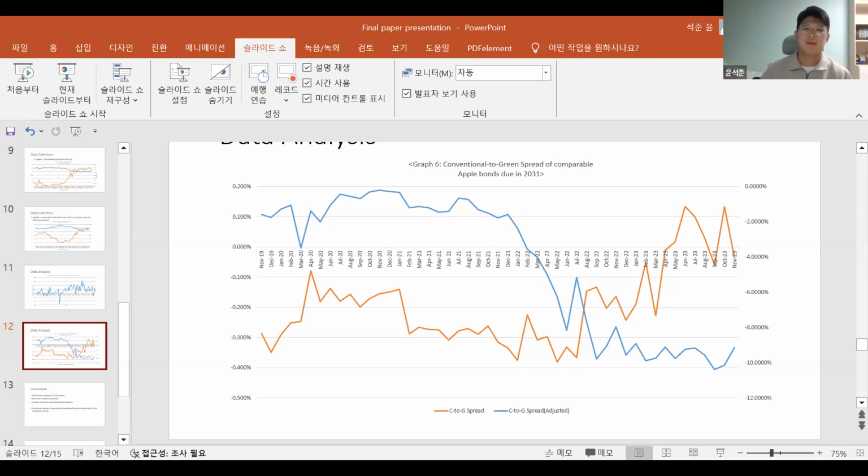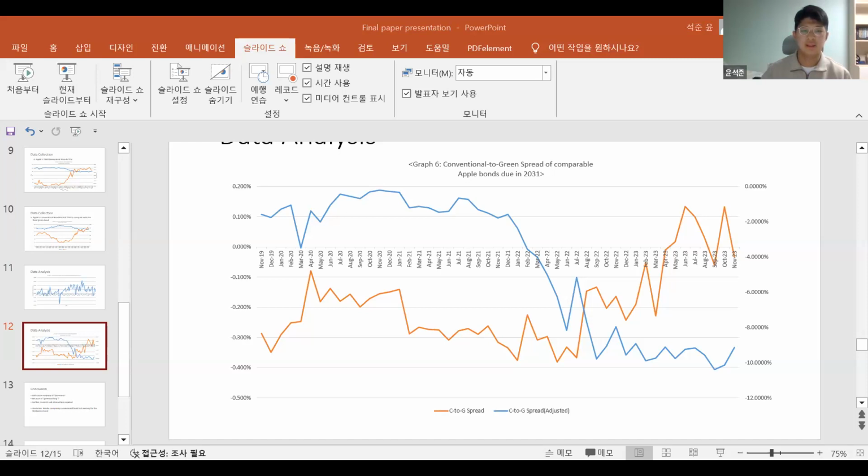And to make it clear, I will show the price and YTM data that I analyzed with the Bloomberg data. So this is the data of the green bond and the conventional bonds' price and YTM.